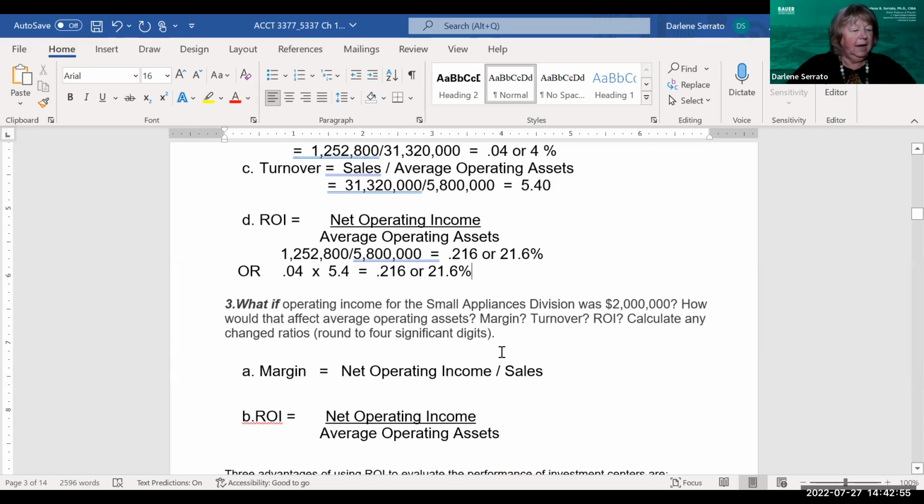Now, what if operating income for small division was 2 million? How would that affect average operating assets?